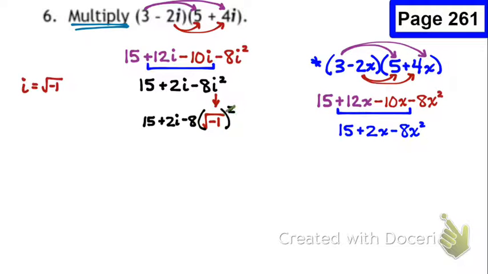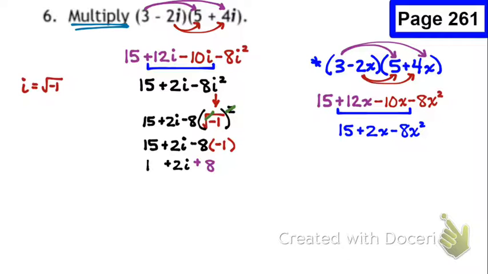Cancels out. So this would be 15 plus 2i minus 8 times what? Negative 1. What's negative 8 times negative 1? 8. Positive 8.